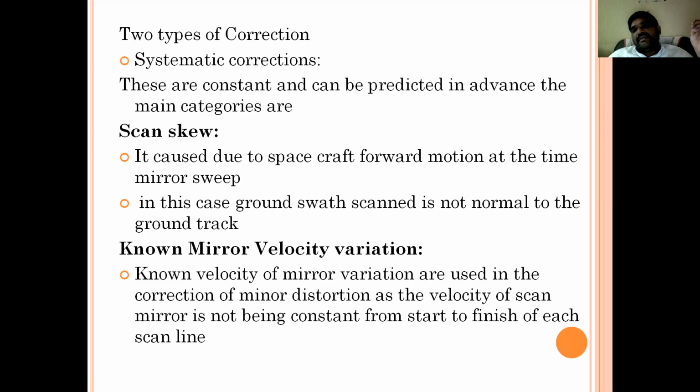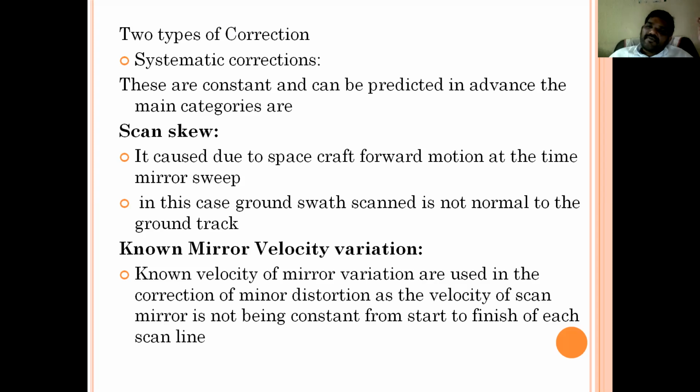Scan skew. The scan has to be done at right angles, but because of the forward motion of the spacecraft, the ground swath is not matched to the scans. I mean, the swath is not matched to the ground track.